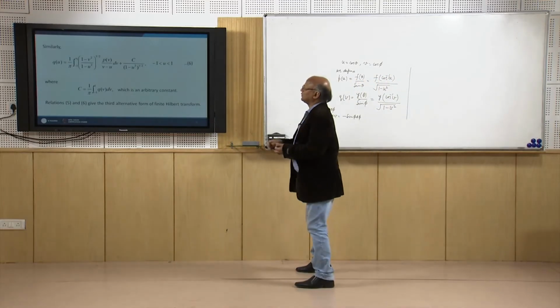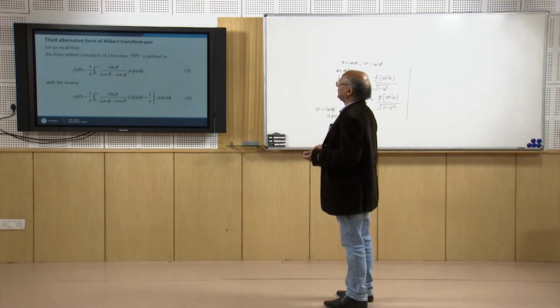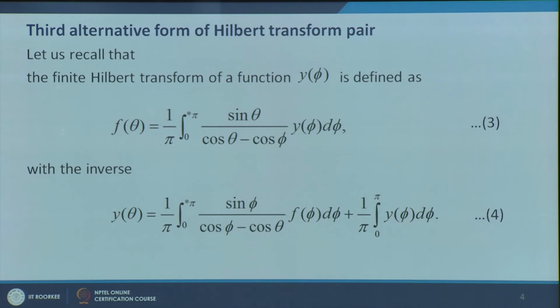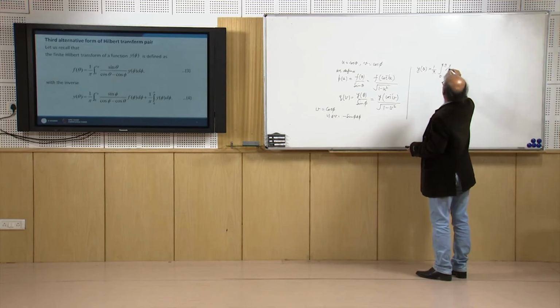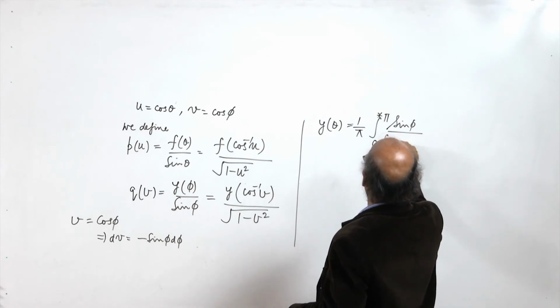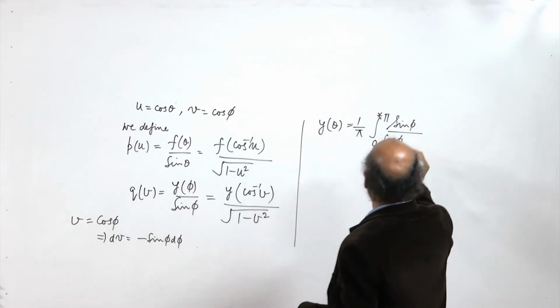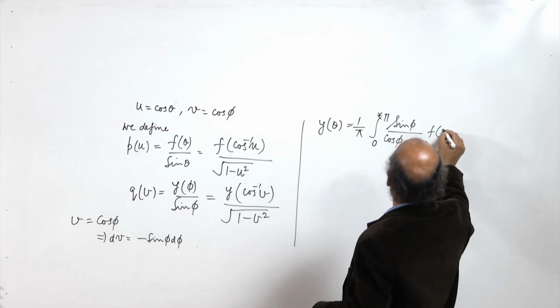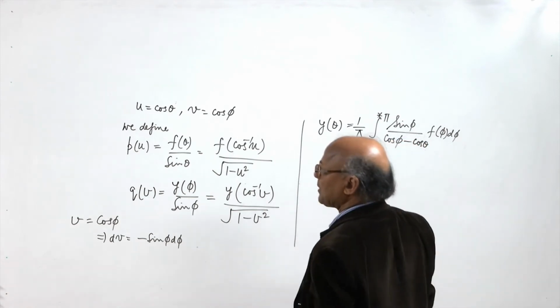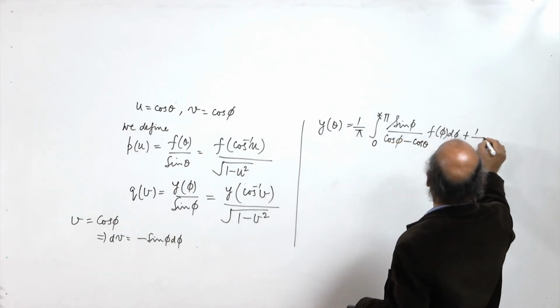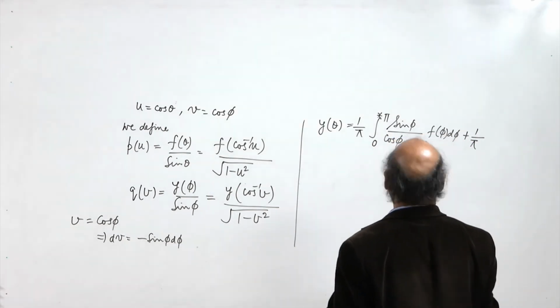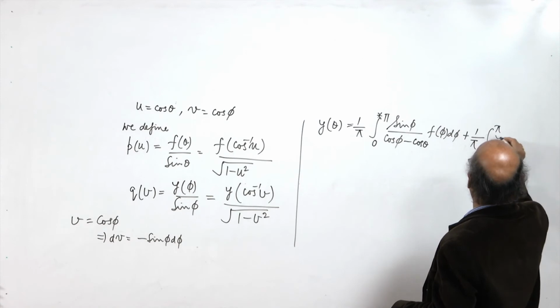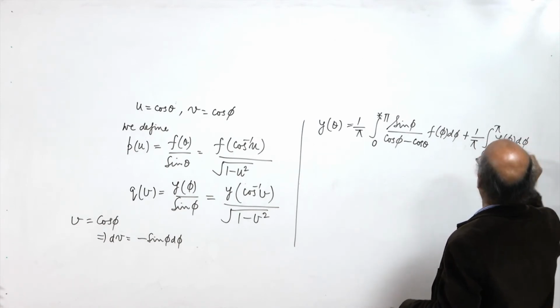Similarly, let us go to the second equation. This equation, psi theta equals 1 over pi, integral from 0 to pi, sin phi over cos phi minus cos theta, f phi d phi, plus 1 over pi, integral from 0 to pi, psi phi d phi.